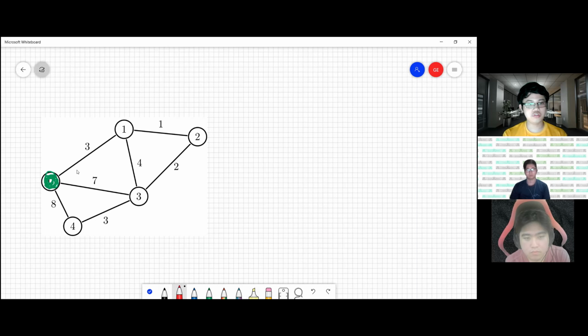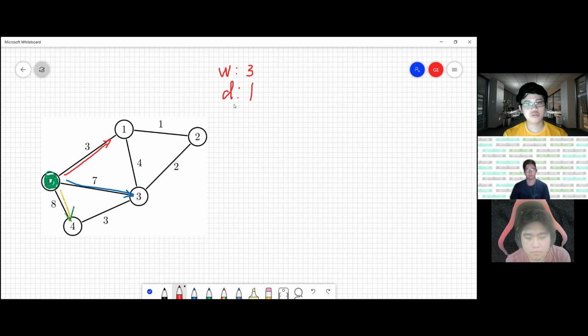Let's say this line here is information one, this line is information two, and this line is information three. Initially, this red information will contain a weight of three, and the distance, or the number of edges it has traveled, is one.